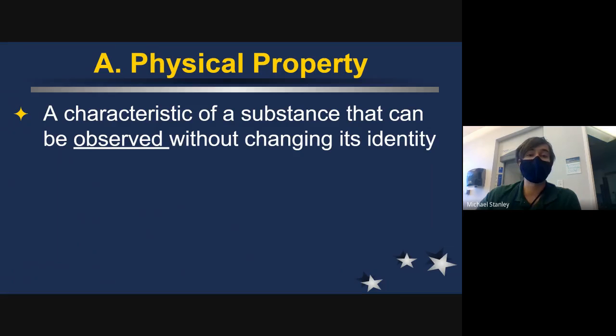It could also be things that you feel, like is it really rough and bumpy, or is it smooth and flat? Is it hot? Is it cold? Or even smell. Does it give off a particular smell? Or in the case of food, you can even have taste as a physical property. So this lemon tastes really sour, but this cookie tastes really sweet, and this coffee is really bitter. All of those are physical properties, things that we can observe with one of our five senses about a piece of matter, about something that we are looking at.